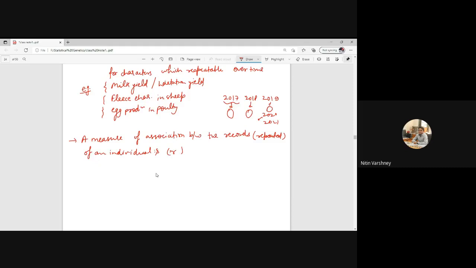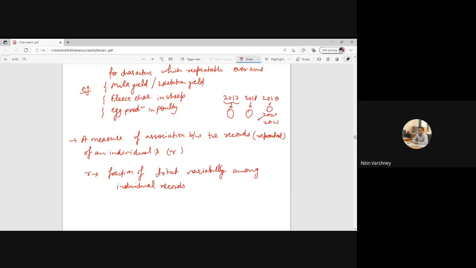So this is repeatability. Now what is the repeatability coefficient? It is a fraction of total variability among individual records due to permanent difference.